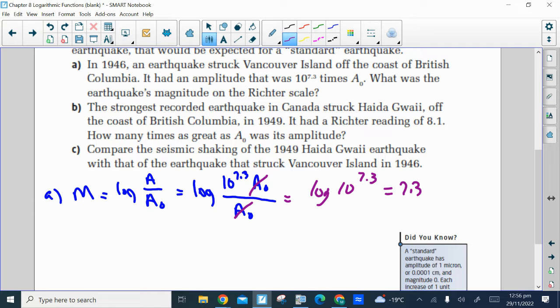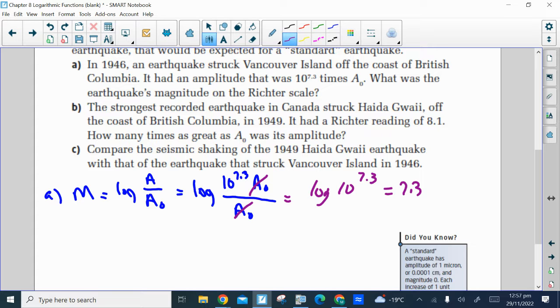Yesterday we talked about a couple of facts about logarithms, and this was one of them. If the base of the log equals the base of the argument, when the argument is written as a power, like this is, the answer is just the exponent. You're taking the log of 10 to the 7.3.